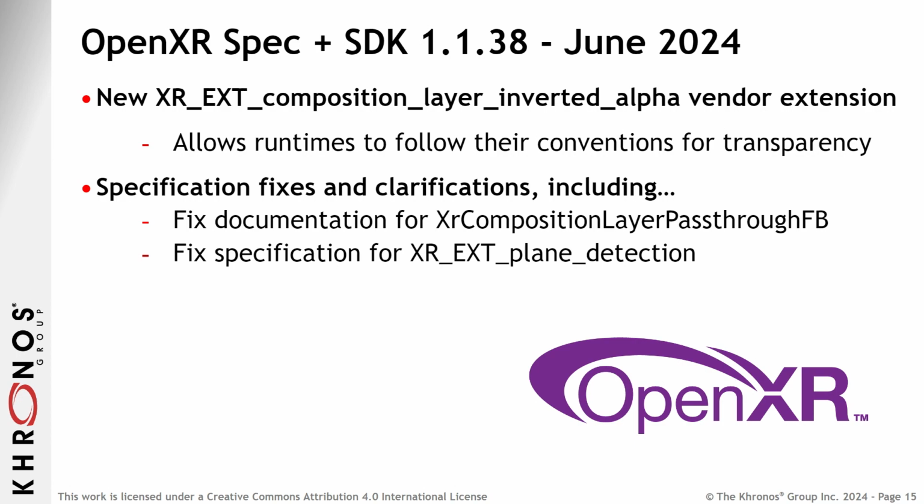The meaning of 0 to 1 for alpha differs among different game engines, and we wanted to have that supported at the extension level. So we had all the information preserved when it got to the OpenXR compositor of the meaning of that alpha buffer. Also some clarifications to the specification and API for the composition layer pass-through extension and the plane detection extension.